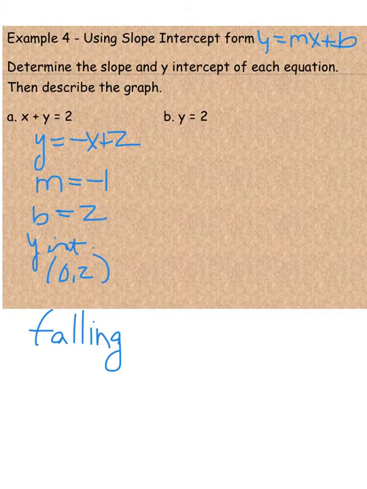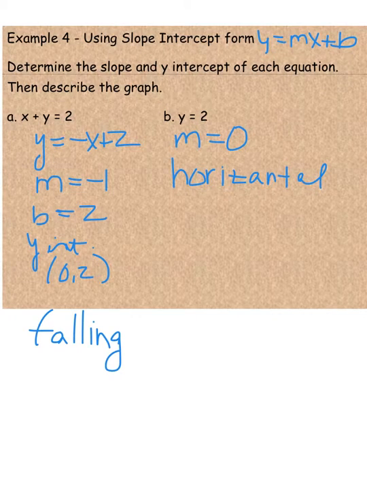In example 2, we have the equation y equals 2. Here our slope would be 0. And we know that a slope of 0 represents a horizontal line. And if you think about this, if you had this equation, y equals 2, here's your horizontal line, this has a y-intercept of (0, 2).